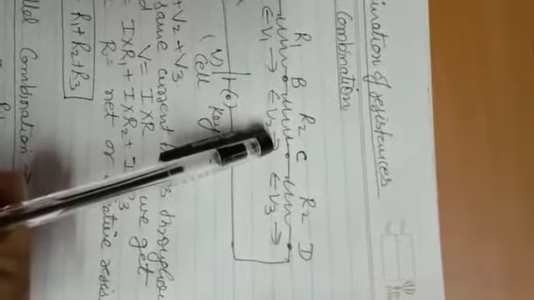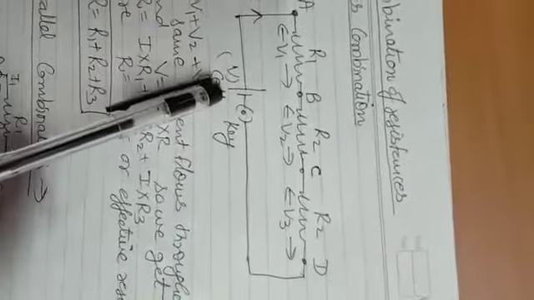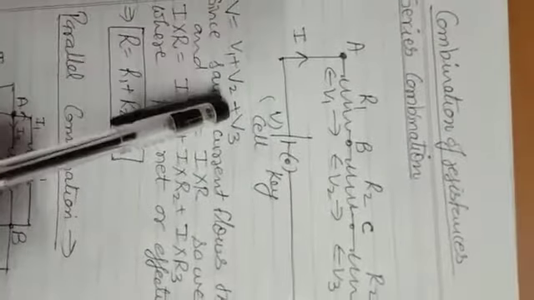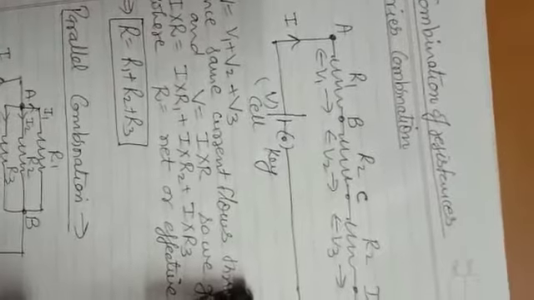Similarly we will have V2 and V3. If we add all three, we get the total work done or the total supply voltage. That's why for series combination we have V equals V1 plus V2 plus V3 and so on, if more appliances are connected.